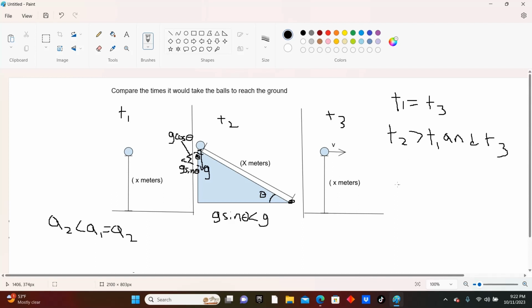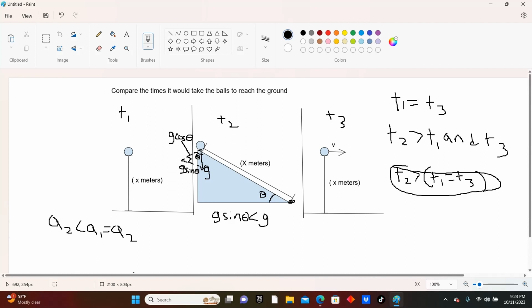So if we just write this in a statement, we can get t2 is greater than t1 equals t3, something like this. And one other thing you should take away from this is to know how inclined planes work.